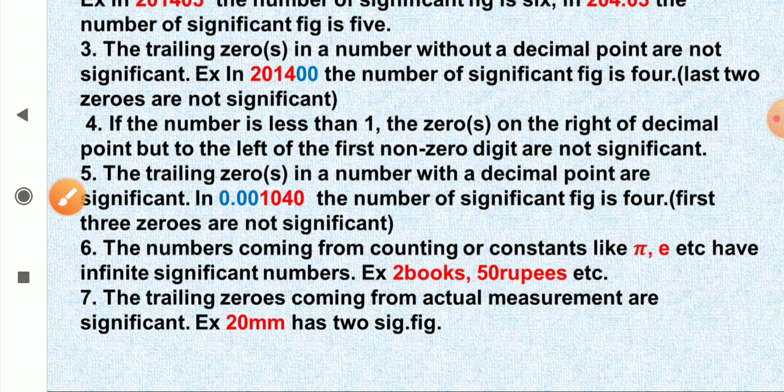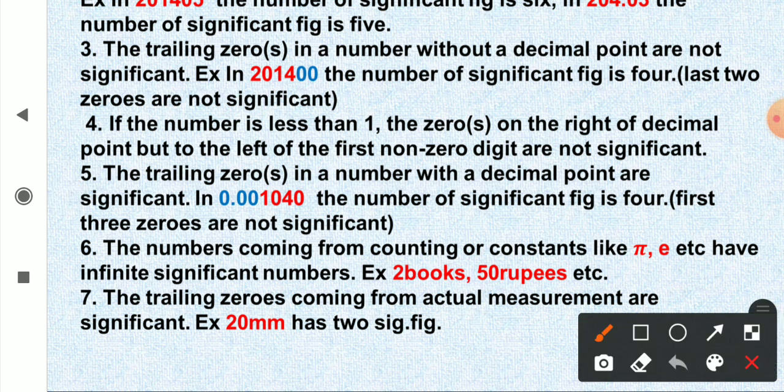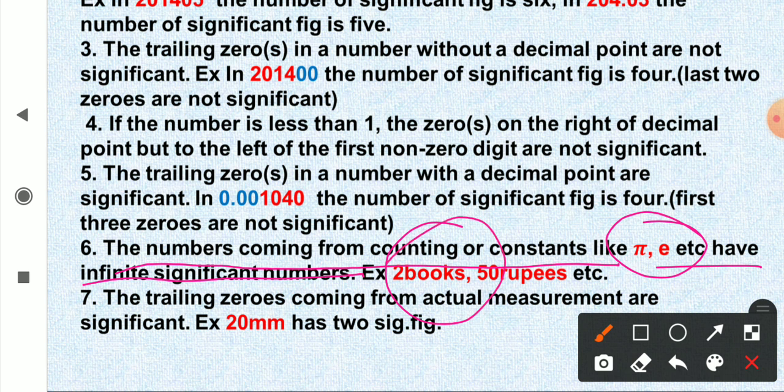Okay. And now the numbers coming from exact countings, exact numbers, they have infinite significant figures, and constants like pi and exponential e also. Like if I say that I have 2 books, then it is number 2 only.